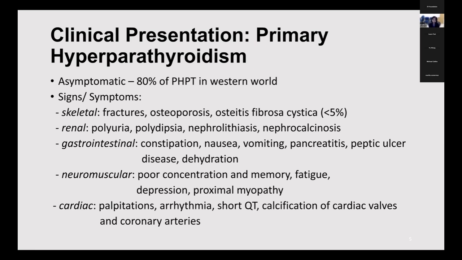In terms of kidneys, these patients may have polyuria, polydipsia, or they may have kidney stones or calcium deposits in the renal medulla. In terms of the GI system, patients may report constipation, nausea, vomiting, or may have had pancreatitis. The neuromuscular and cardiac manifestations are somewhat less consistent across studies, but patients may report poor concentration and fatigue, or they may report palpitations and arrhythmia as well.